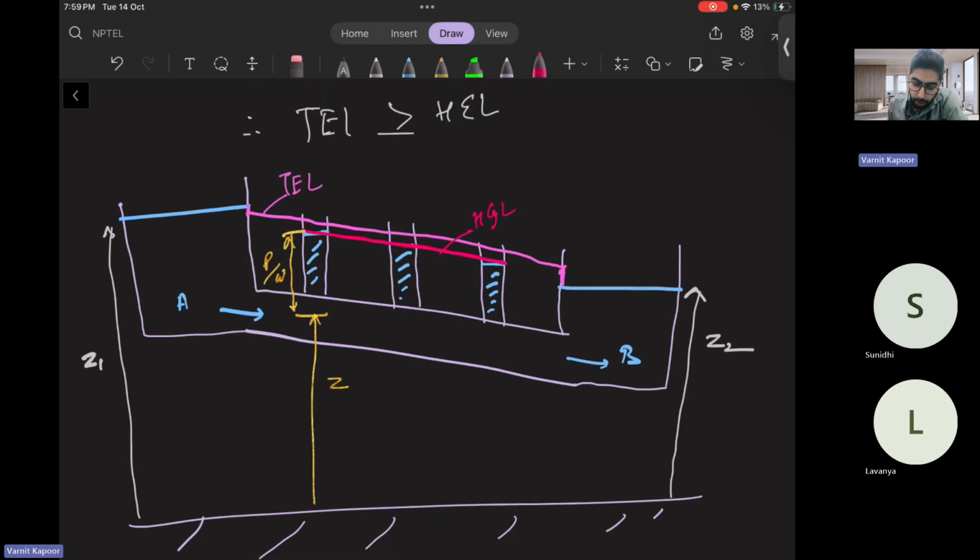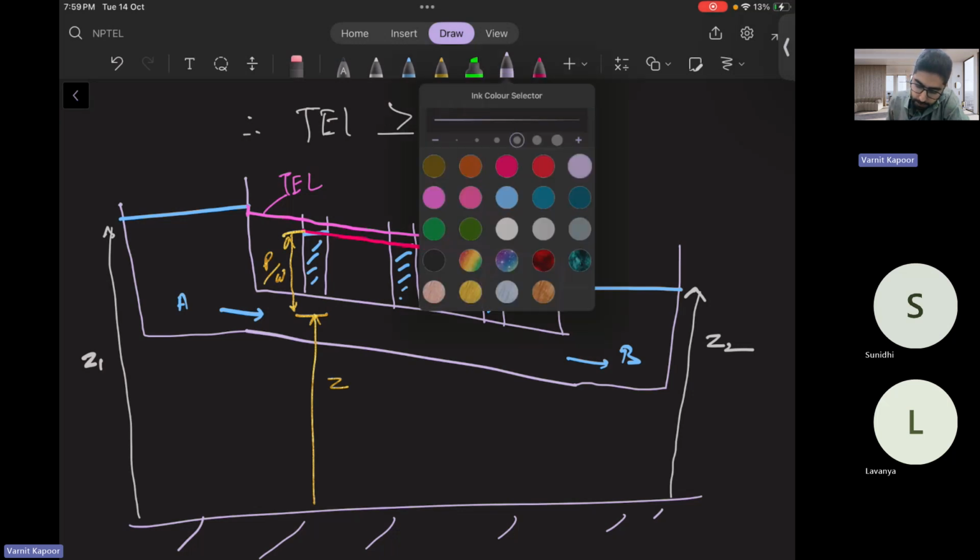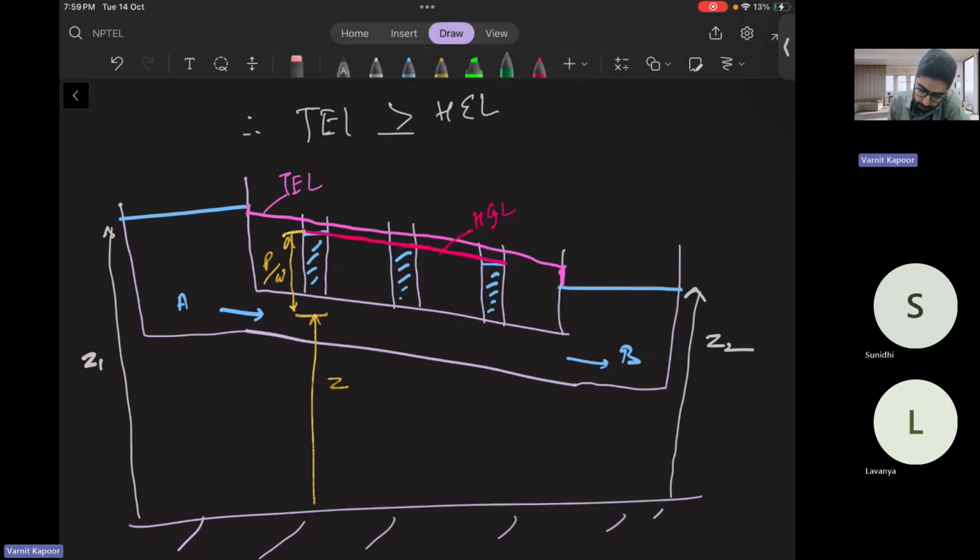So how does the total energy line come? If I put a pitot tube inside this, suppose, then from here to here there will be V square by 2g because of the stagnation.